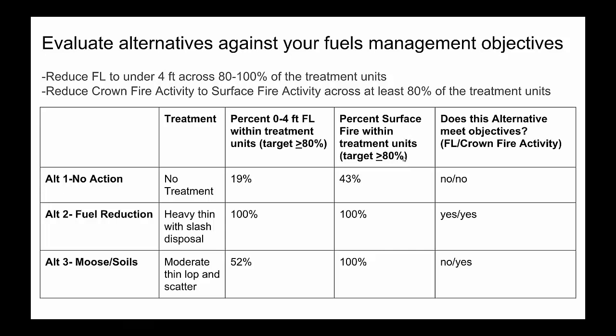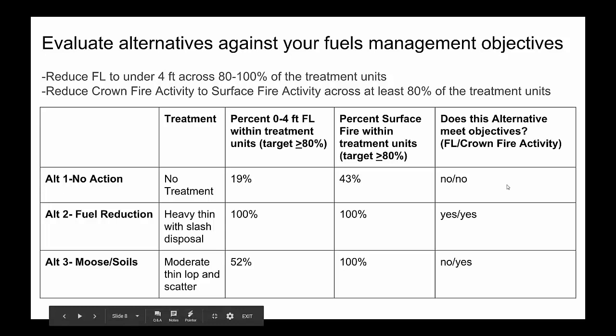Same with the crown fire activity category and that objective, where in the no action alternative, 43% of the landscape was showing surface fire. We wanted that to move up to 80% or greater, and we found that with both alternatives we were meeting that objective.